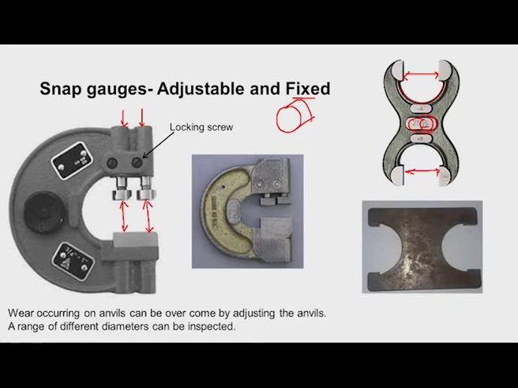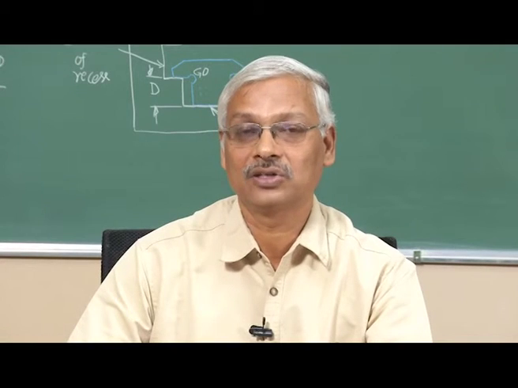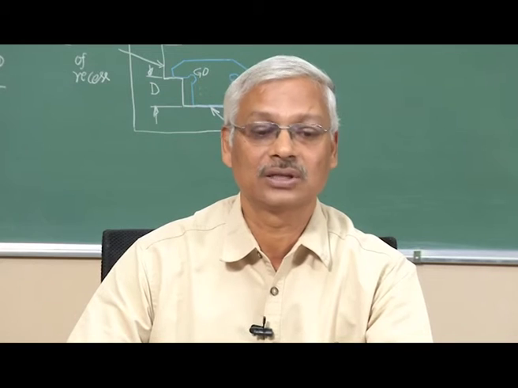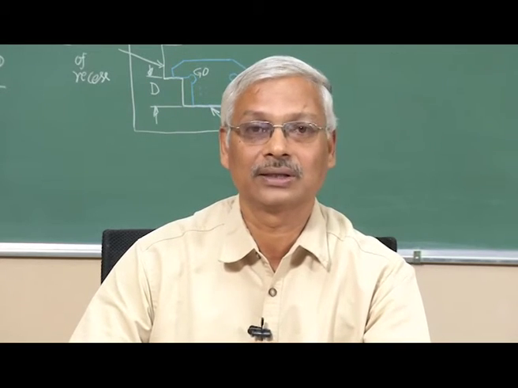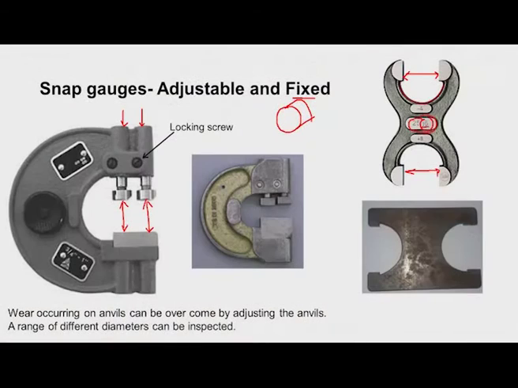To avoid such things, after adjustments are made by a proper authorized person, they lock the screws and then they are waxed. So while using this snap gauge, the operator should see whether the seal is intact. If it is disturbed, you should not use such gauges; they should be sent for calibration. Only after calibration and waxing should they be used again.